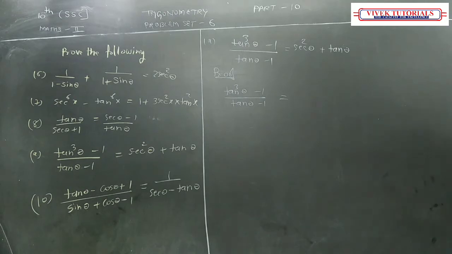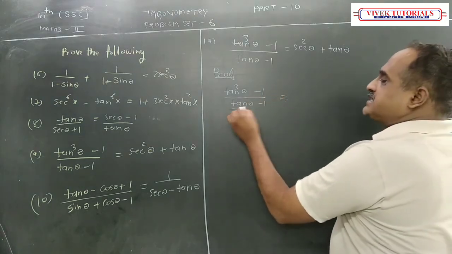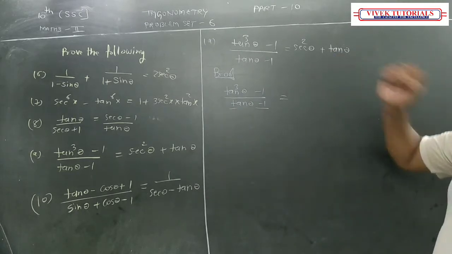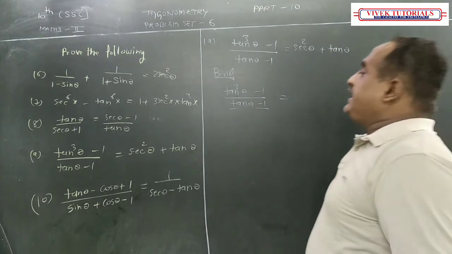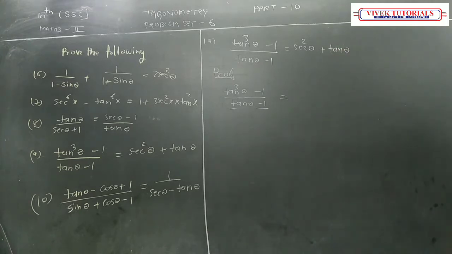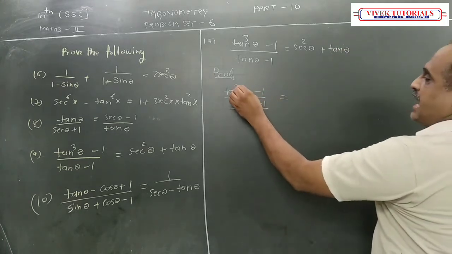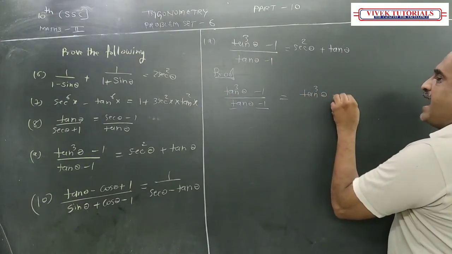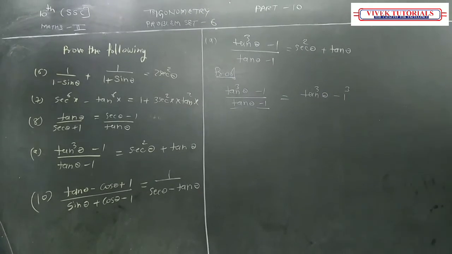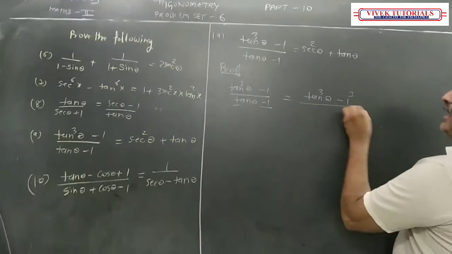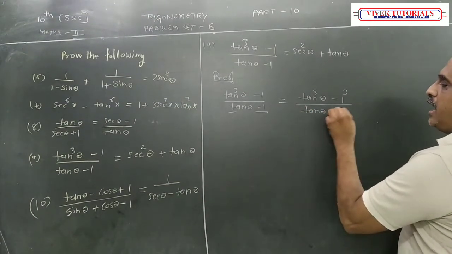Usually when you are having 1, you try to think that the square of 1 is 1, and the cube of 1 is also 1. So as it is tan cube theta, I can write this 1 as 1 cube only, because 1 cube is 1 only. And we are getting tan theta minus 1.